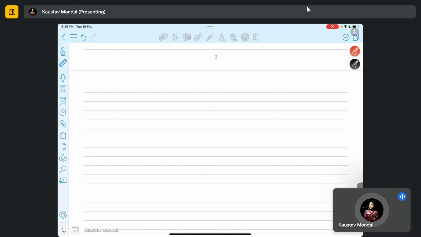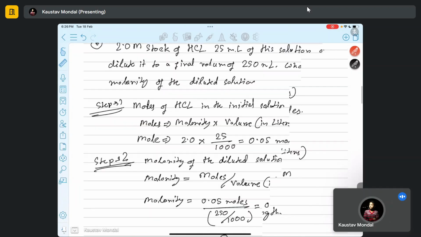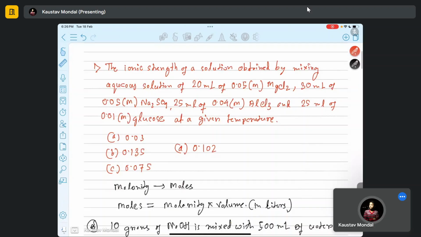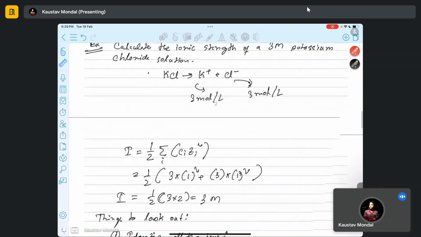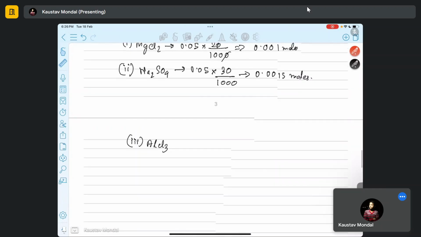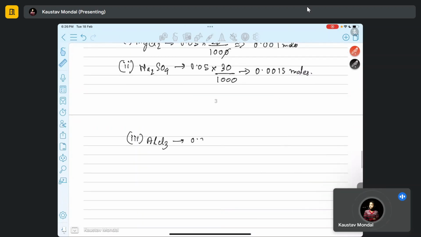The third solution was AlCl3, 25 ml of 0.04 M. So 0.04 into 25 by 1000. This will give you 0.001 moles.